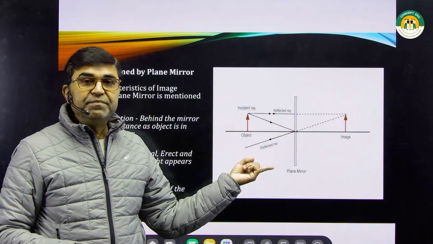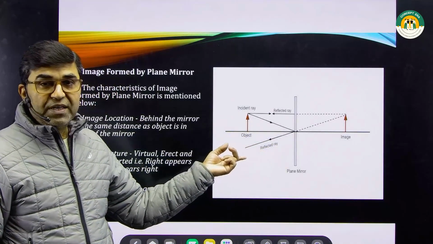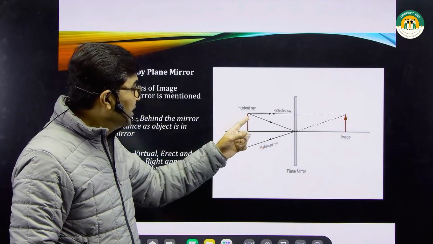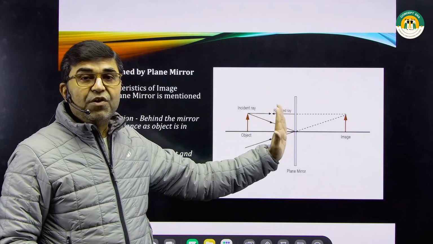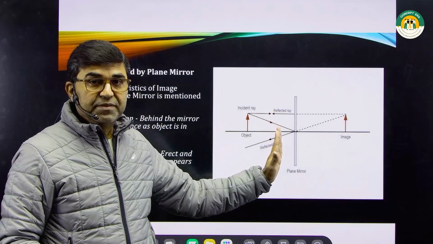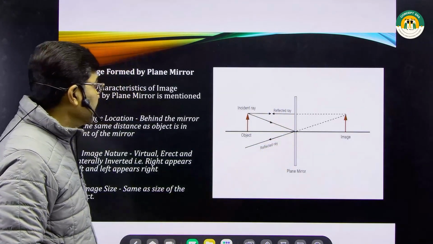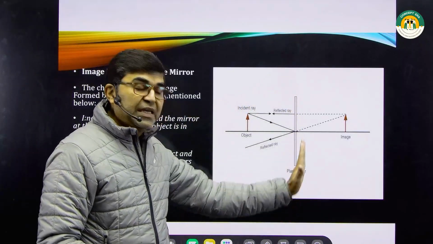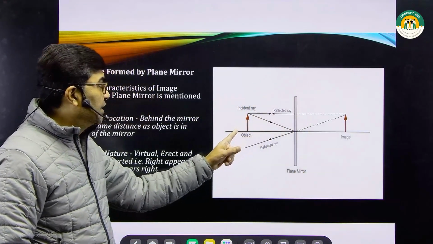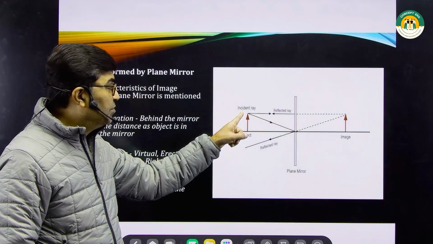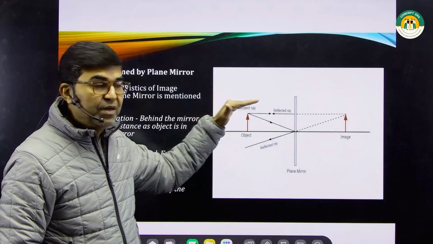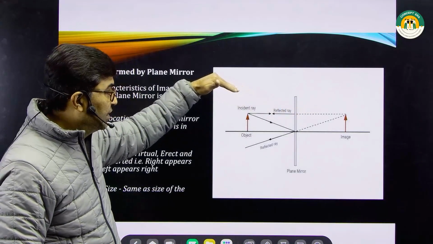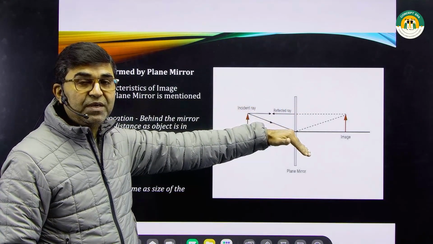This diagram, quite frequently asked in your exams, is the characteristics of the image formed in a plane mirror. So take a plane mirror and an object. From the head of the object, take two rays, one normal to the mirror and one striking the mirror obliquely.